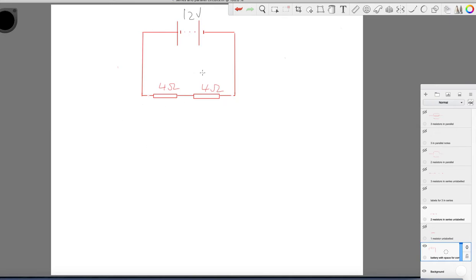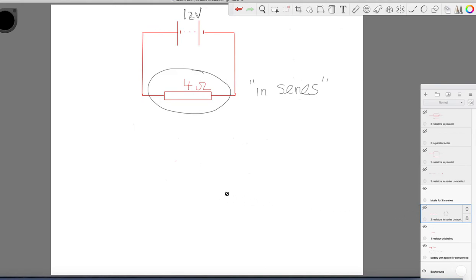In fact, because we've got 2 4 ohm resistors, one after the other, in series, rather than just one 4 ohm resistor, the current in this circuit will be half as big as the current in the previous one. Okay, so that's a series circuit.